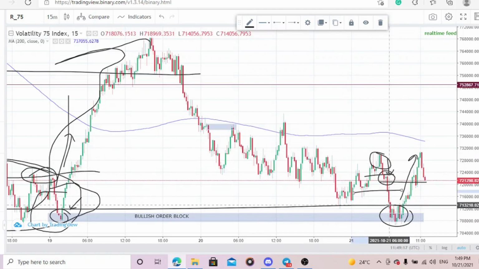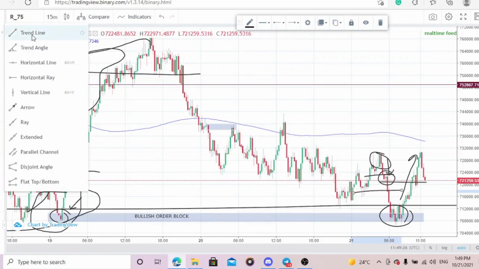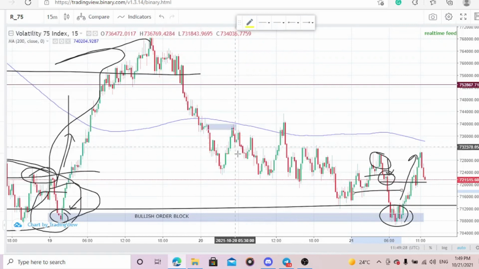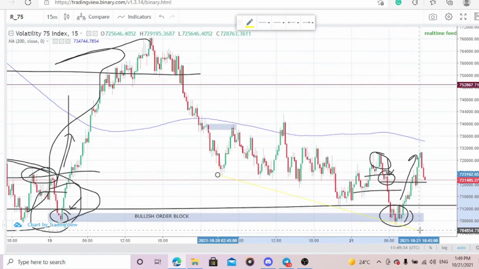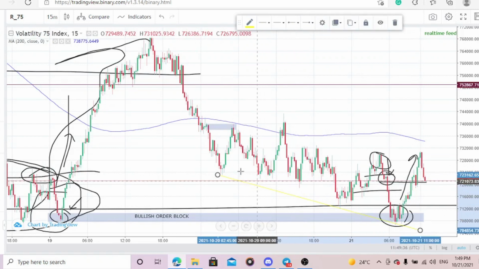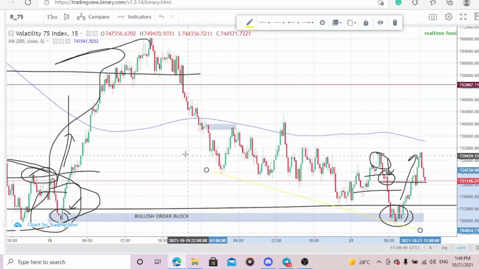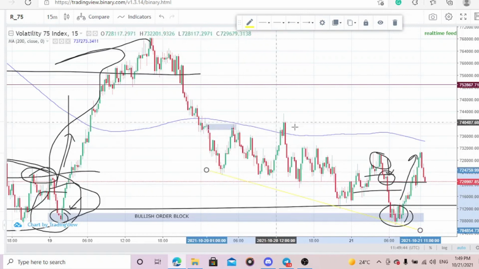So that's how we caught this trade. But there were two other things that I looked at. I also used a trend line for confluence, so this market was respecting this trend line here. I'll do another video about trend lines some other time. The market came here and bounced back.